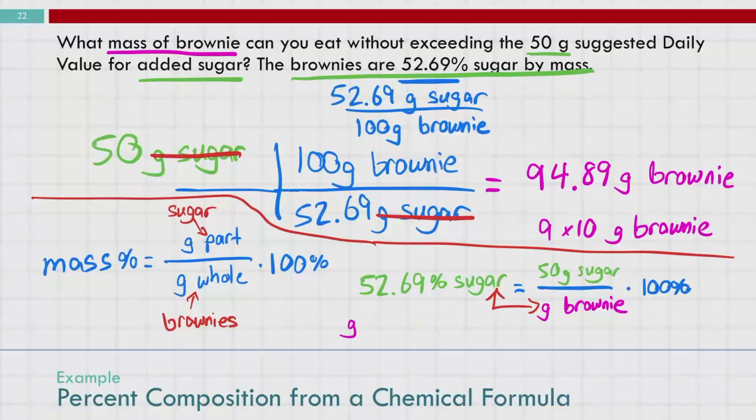So this will get us to grams of brownie equals 50 grams of sugar. And I'm going to take some minor liberties here and rewrite it in a slightly different way than we probably would expect it to be.